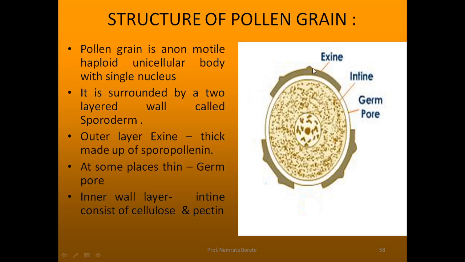Inside the exine, there is an inner thin wall layer called intine. This intine consists of cellulose and pectin.